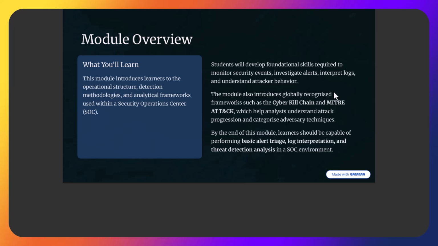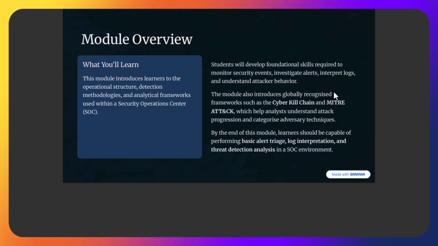Students will develop the foundational skills required to monitor security events, investigate alerts, interpret logs, and understand attacker behavior. Let me briefly explain some of these key terms. Security events refer to activities that occur within systems or networks, such as logins, file access, or network connections.